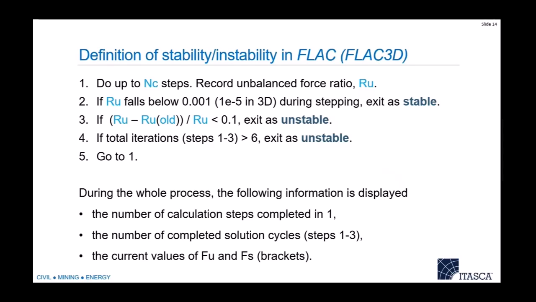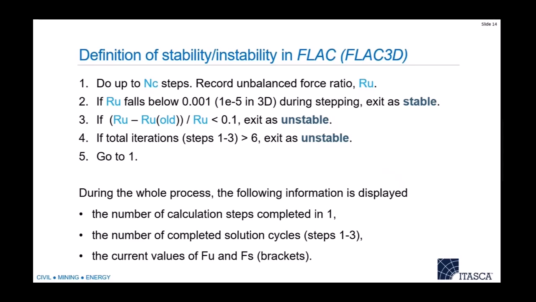So then it says, okay, I'm going to try 1.5. Same thing, right? Reduces the cohesion by a factor of 1.5. Reduces the tangent of the friction angle by a factor of 1.5. Runs it. Stable or not stable? Let's say this one's unstable. Okay, now it's going to try 1.25. Right? And just keep doing this. It's just a binary search. This one might be stable. Now it's going to do 1.3, whatever it is, right?